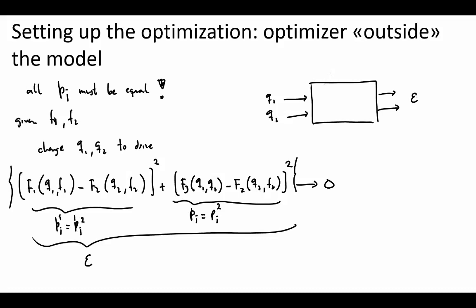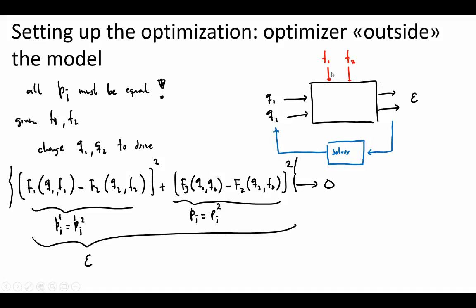Then at some other point, you have frequency 1 and frequency 2 entering. Essentially, you can put outside a solver that reads the E and then writes the Q1 and Q2.